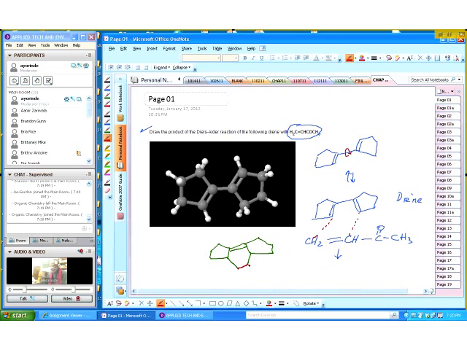Okay, and of course now we have hydrogen here, and another hydrogen here, and hydrogen here.